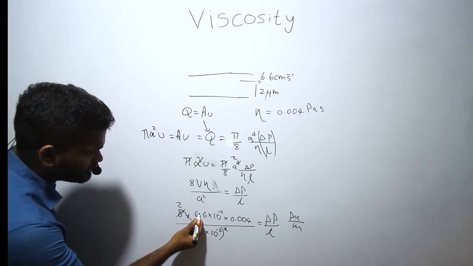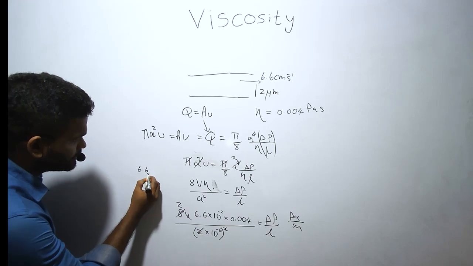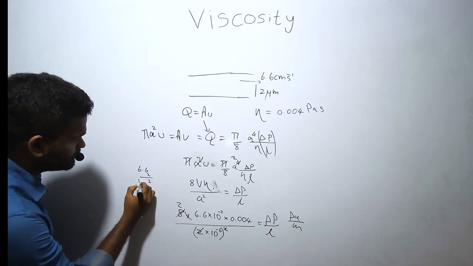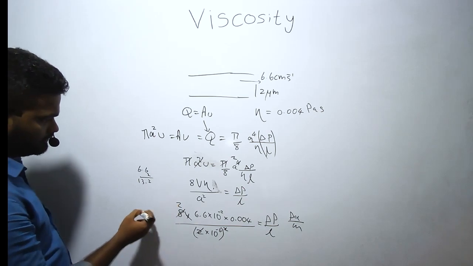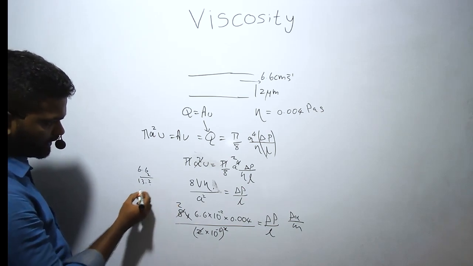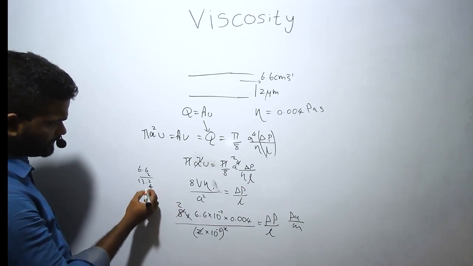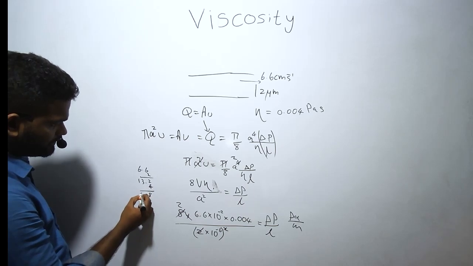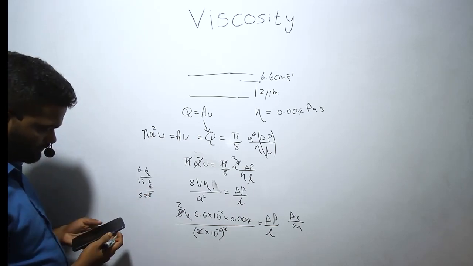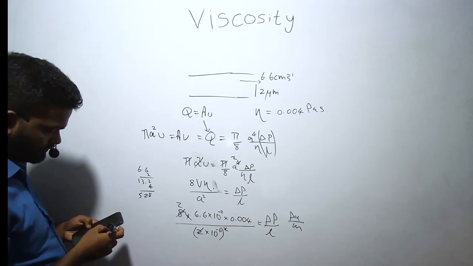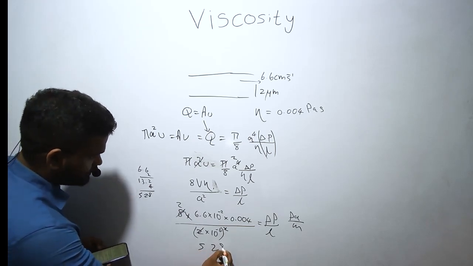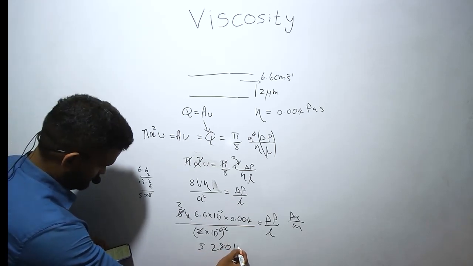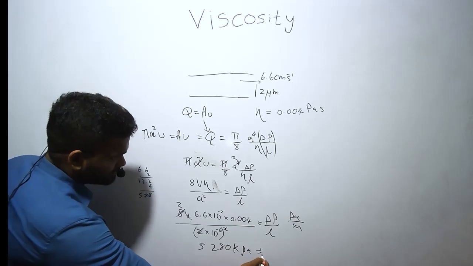This is 6.6 times 8, 12, 13. Times 4. 8, 12, 5. So you get 5,280 kilopascal.